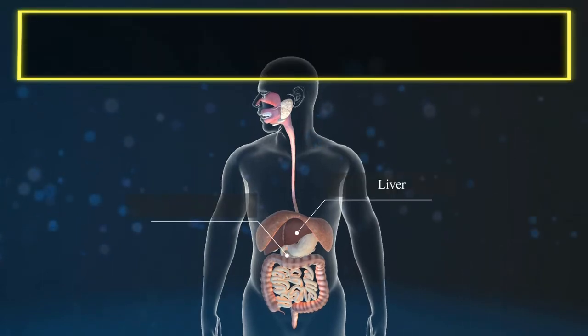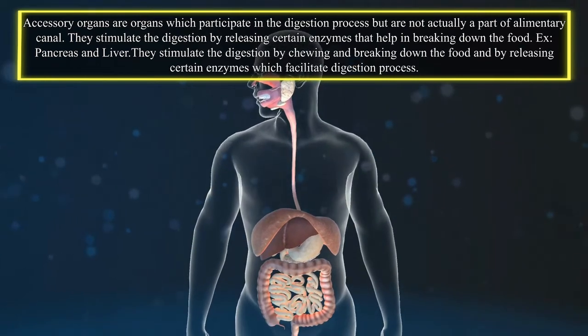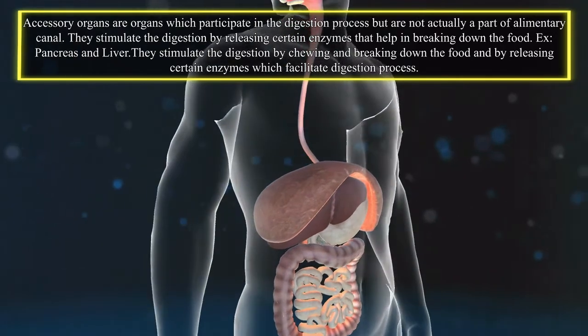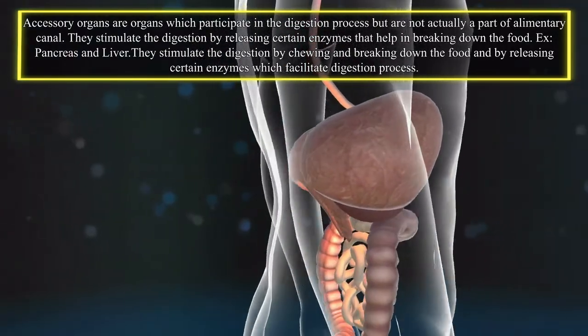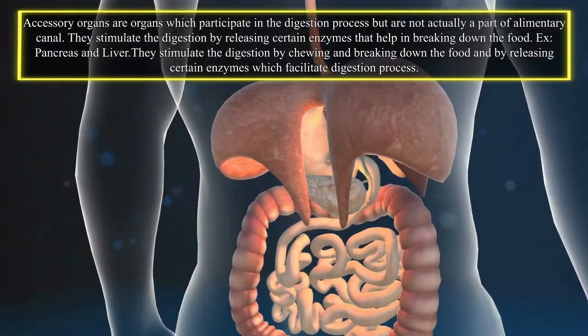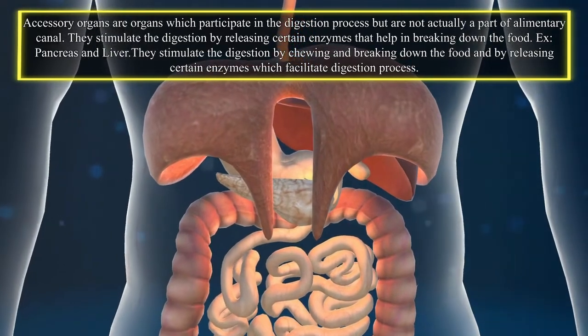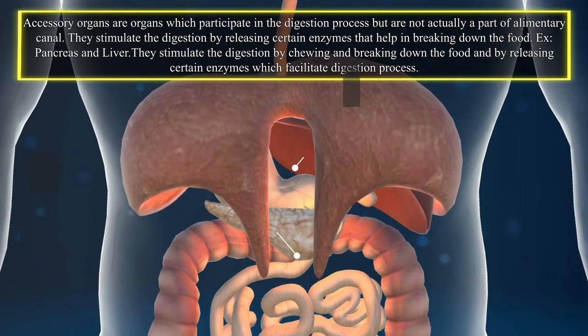Accessory organs. Accessory organs are organs which participate in the digestion process but are not actually a part of the alimentary canal. They stimulate the digestion by releasing certain enzymes that help in breaking down the food. For example, pancreas and liver.